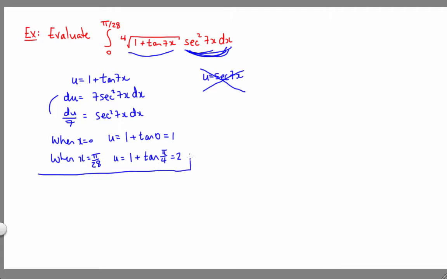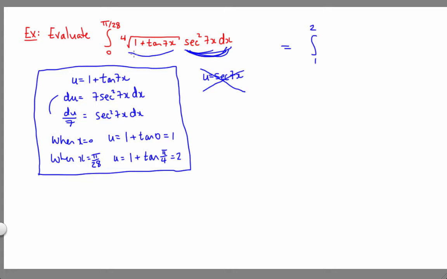Alright, so it looks like we're on the right track here, and let's go ahead and try to rewrite this integral. So I'm going to continue the work over here. I'm going to say the original integral here is equal to now the following integral. Our limits are changing. They're now going from 1 to 2.